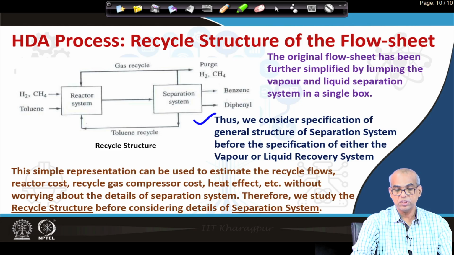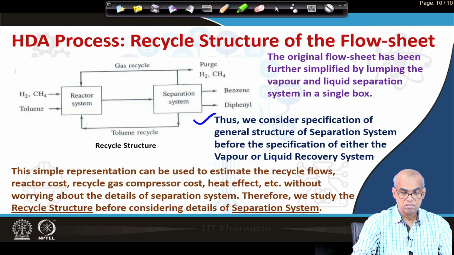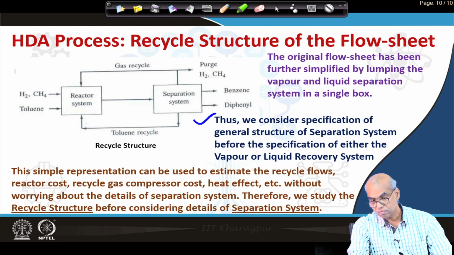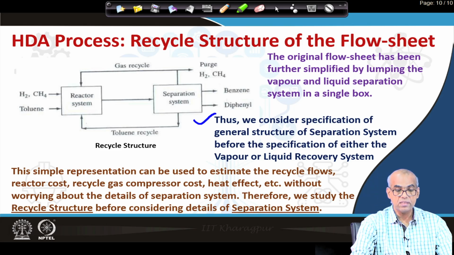This simple representation can be used to estimate the recycle flows, reactor cost, recycle gas compressor cost, heat effects, etc., without worrying about the details of the separation system. Therefore, we study the recycle structure before considering details of the separation system.